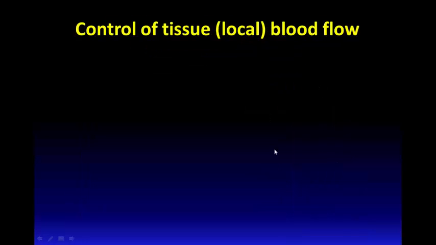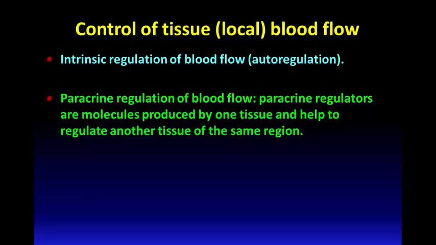There are three major mechanisms which contribute to the control of tissue or local blood flow. These include intrinsic regulatory mechanisms responsible for the intrinsic or the auto-regulation of blood flow, and we have paracrine regulation of blood flow.